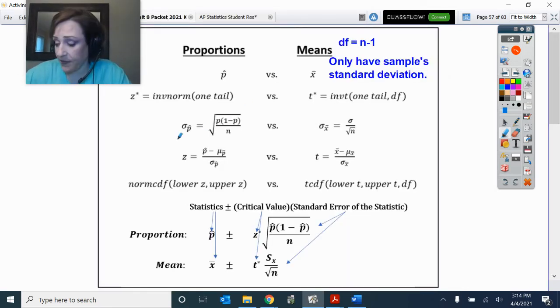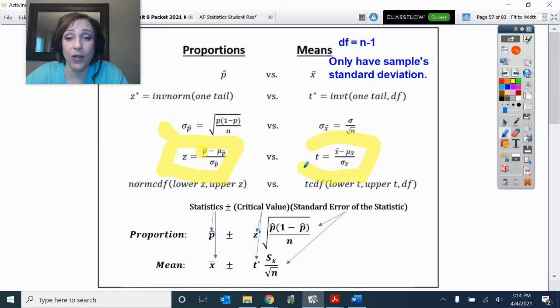So let's talk about if you have to get your Z-score. If you're on a curve and you want to find where your sample is, where your p-hat minus the mean, how far is your sample away from where it's claimed to be in terms of standard deviation? Same thing is happening over here for a t-score. This is your test statistic for the t. For sample means, see how far your sample is away from where it's supposed to be centered in terms of that standard deviation.